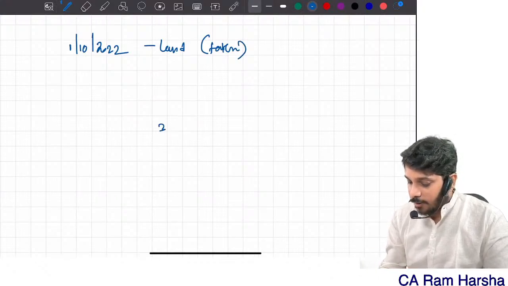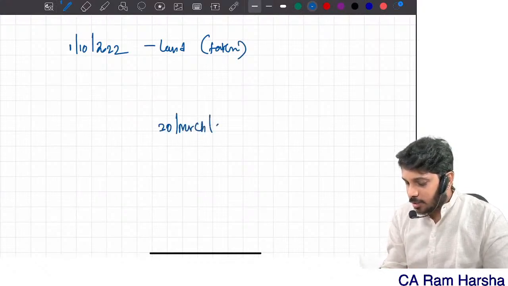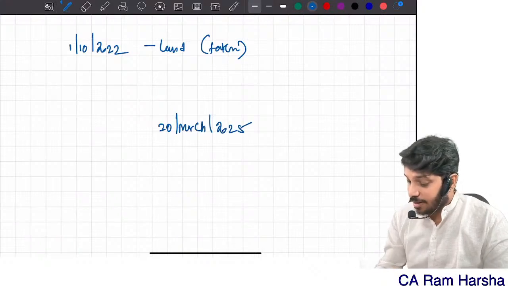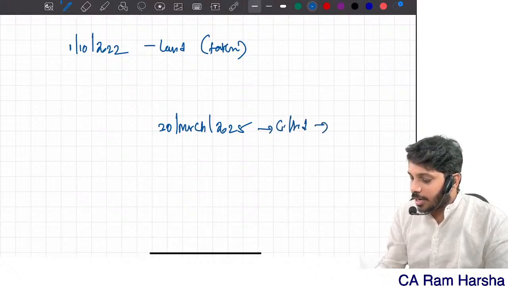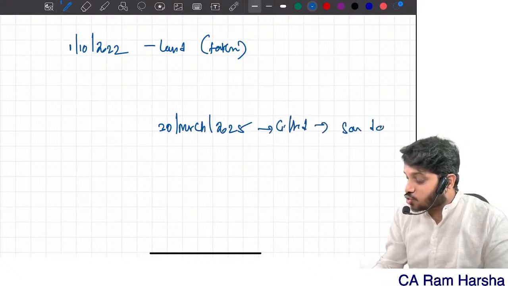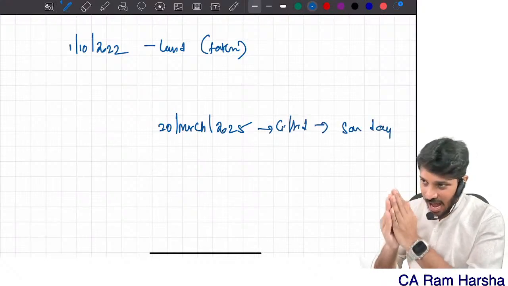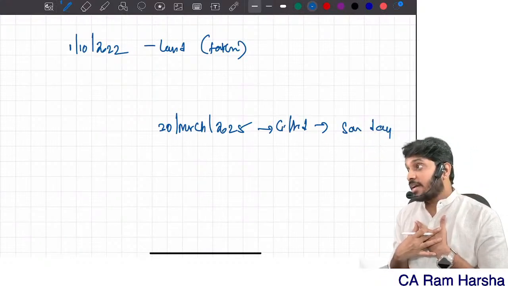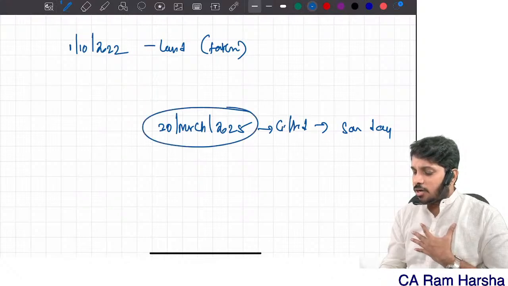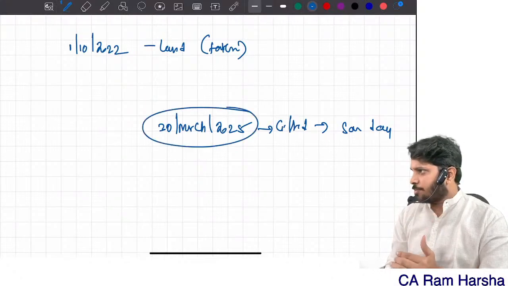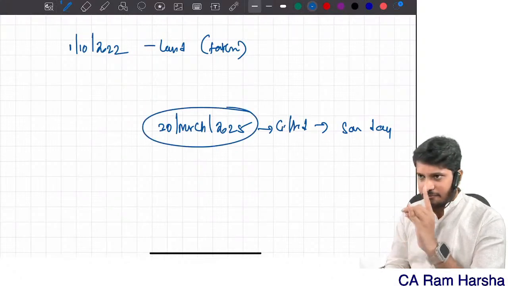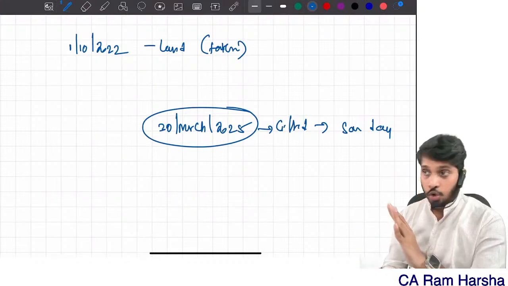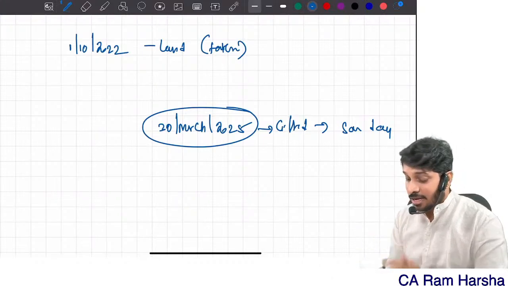Later, on 30th March 2025, it was gifted to me, and on the same day I sold it to somebody else. Now, what is the holding period for me? I got the asset on 30th March and on the same day I sold it. That means I am the owner for only one day. It's a short term? No, you should not compute like this.